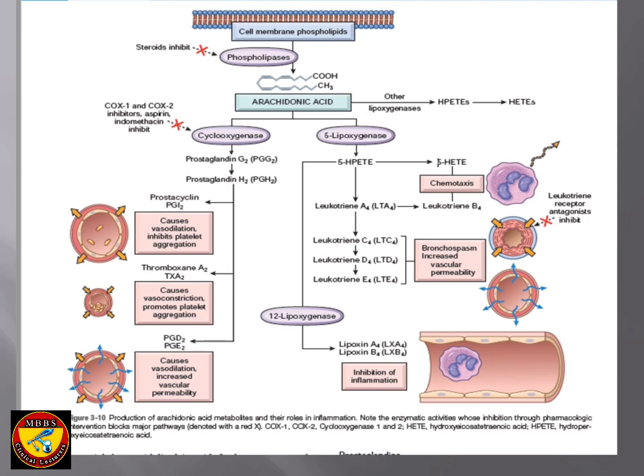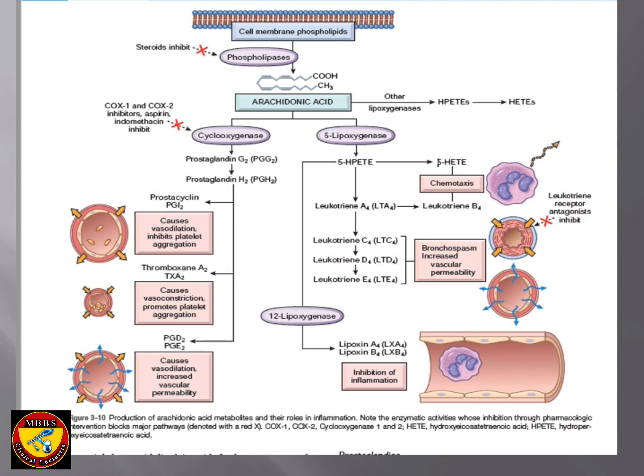So basically, instead of remembering all the chemical mediators as such and then remembering the actions, it is very difficult. My advice to all is to first recall the actions. What are the different actions that you need to cover in inflammation, like cellular events and vascular events.